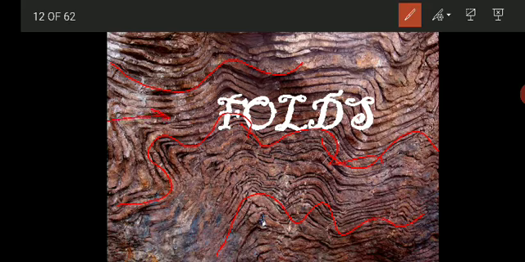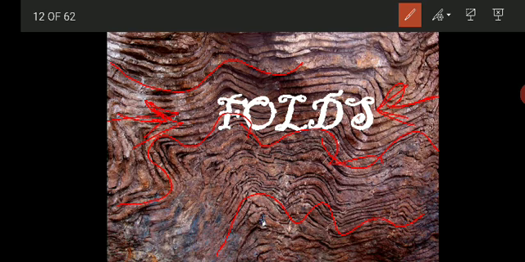Fold is formed due to compressional forces, we had seen in the previous class. The compressional stress acting on the rock causes the rocks to get folded. So how will you define fold? The wavy undulations developed in the rock are called folds.